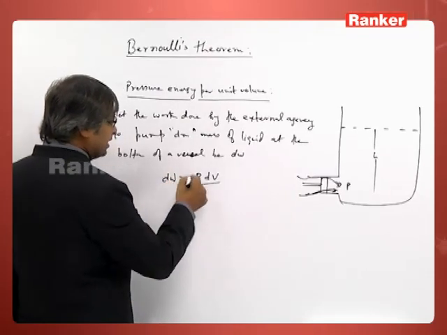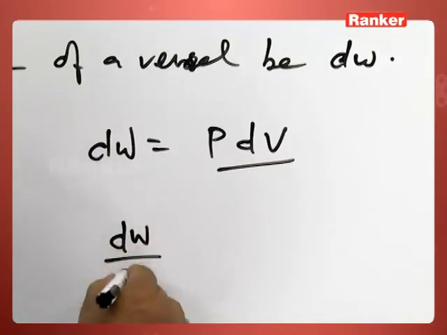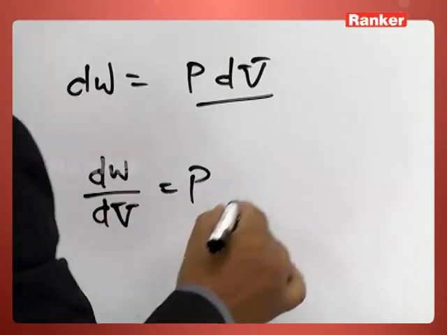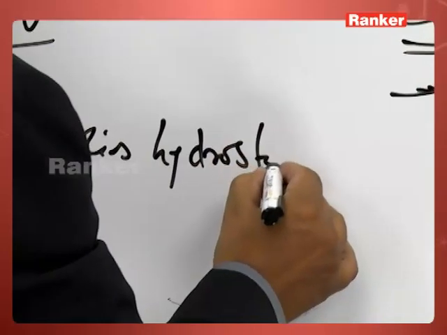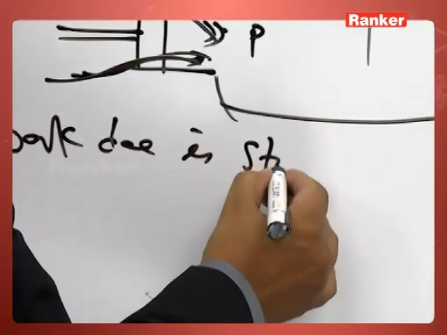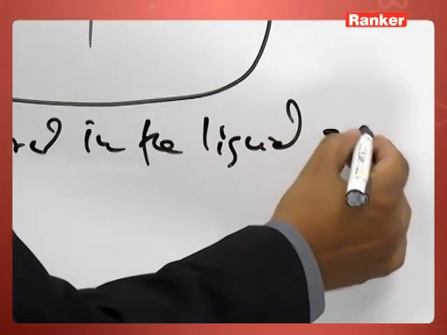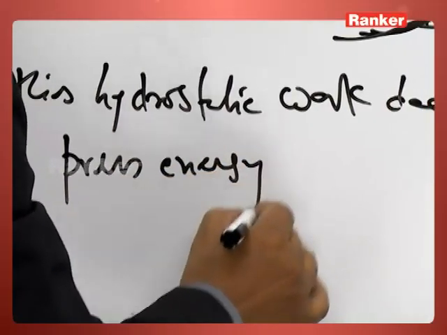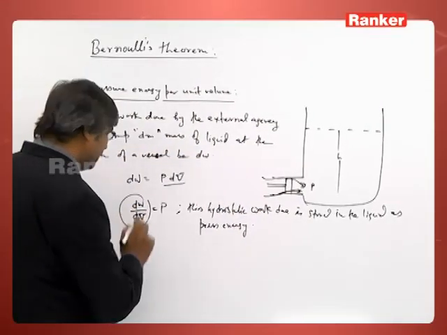So the hydrostatic work done dW is equal to PdV, and dW by dV, this dV is the change in volume, is equal to P. This hydrostatic work done, static work done is stored in the liquid as pressure energy. So you see, the work done per unit volume comes out to P.